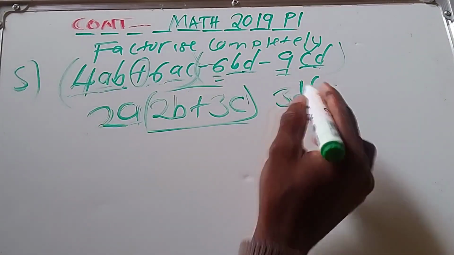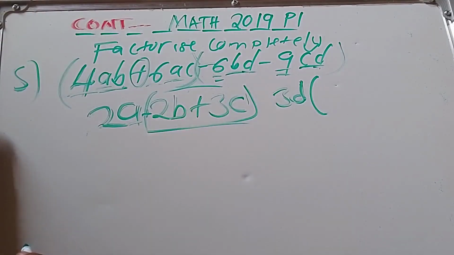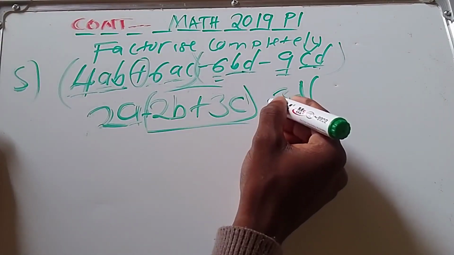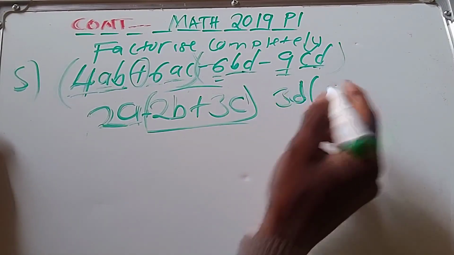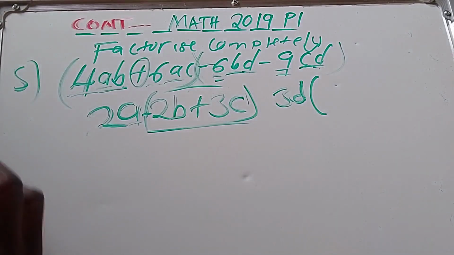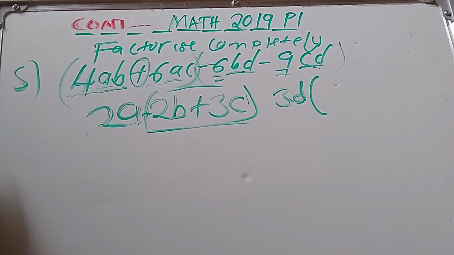So now, this one is having a positive. So we need to put a sign which, when we multiply with this one, is going to give us a positive number, because this one is having a positive. Have you seen?